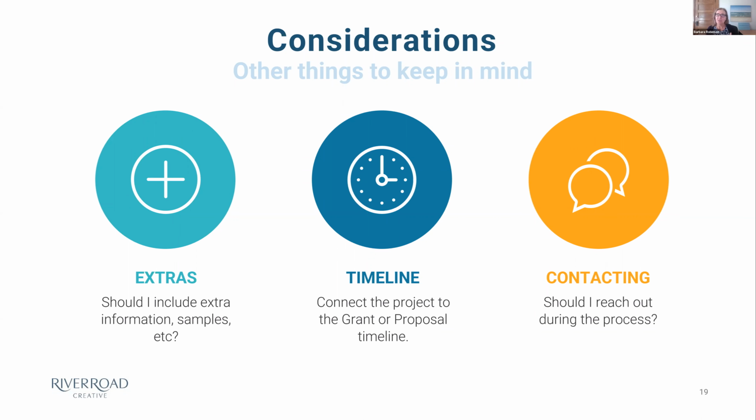Once you submit your proposal, your application, whatever it is, should you reach out? I typically say no, just wait. They've got it. Just wait. Now, if it goes 3 months, I don't know. It's a tough one. You could, but they may not respond to you.